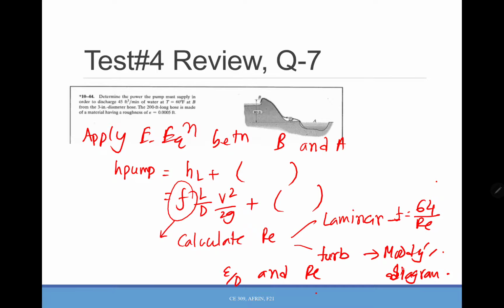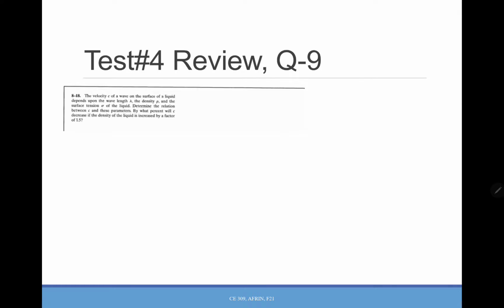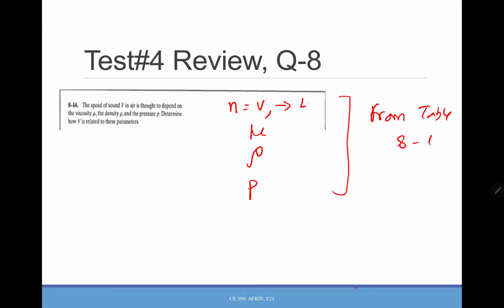Okay, and for questions number 8 and 9, as I said, these are for dimensional analysis, and for n you will just write down all the parameters given here, that will be your n. So for the first one: V, viscosity, density, and pressure, and from table 8.1 you can get the dimensions in terms of M, L, T. For density it will be ML^-3.